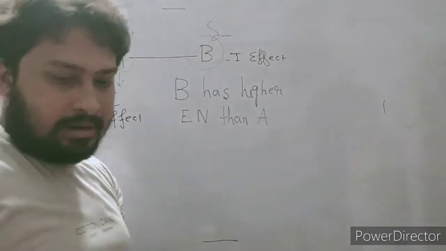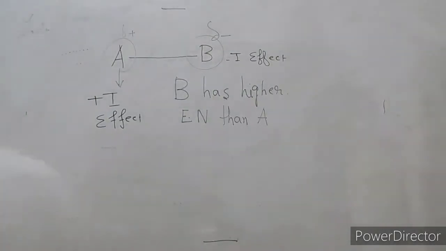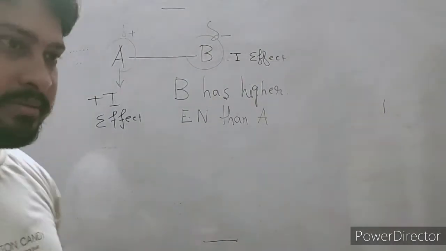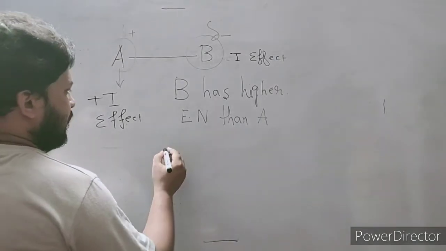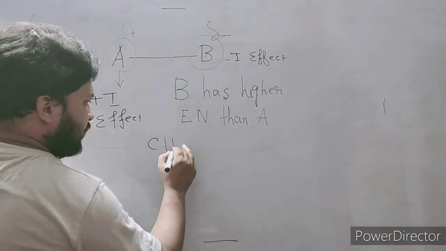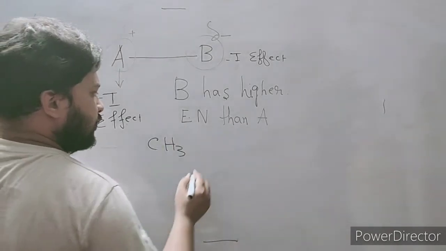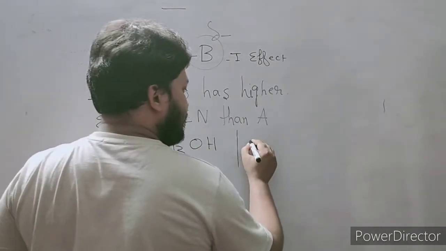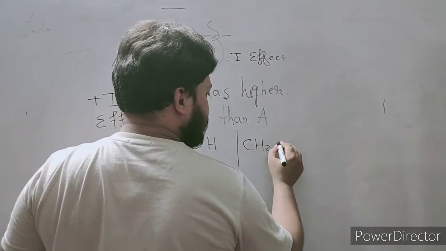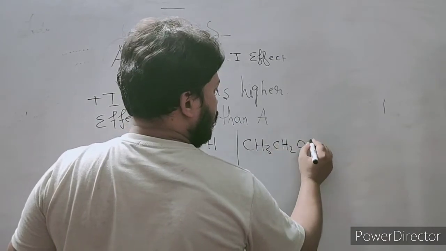Let's take an example. You have CH3OH and CH3CH2OH.